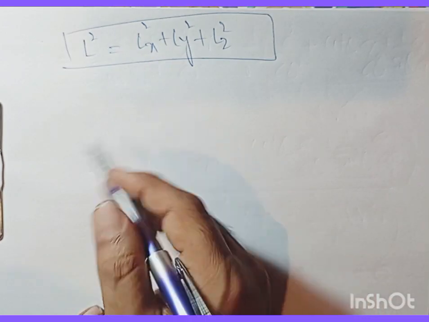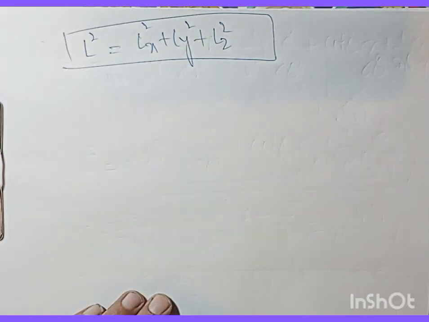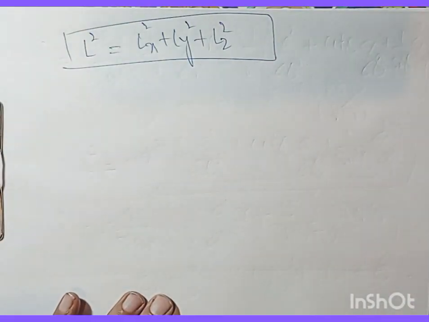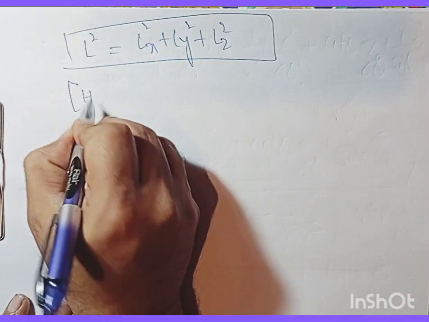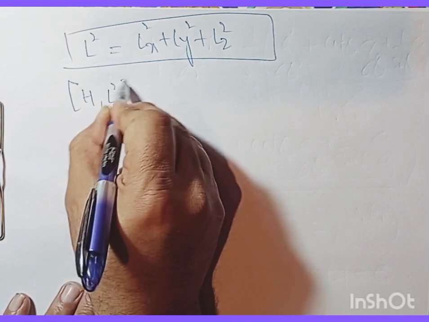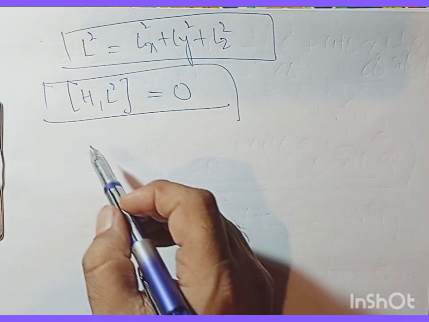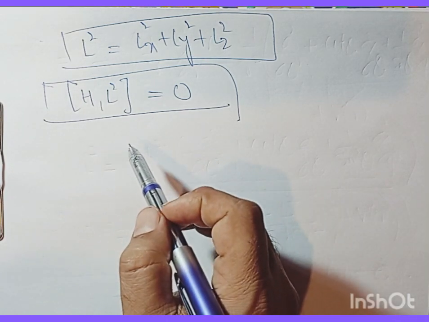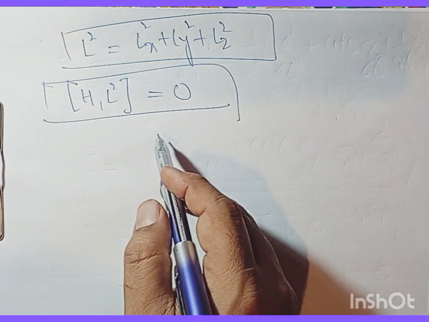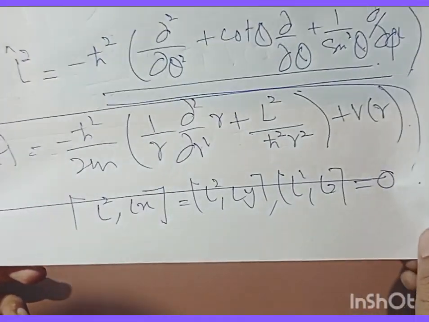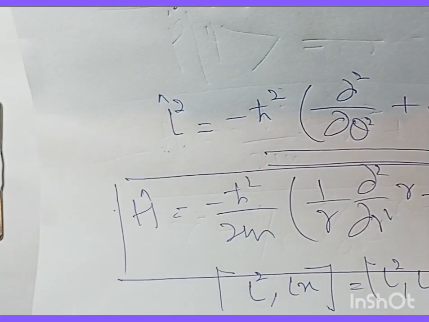If L square commutes with Lx, it should also commute with the Hamiltonian, so the commutation between the Hamiltonian and L square gives 0. What does it mean? It means that angular momentum is a constant of motion, and it can simply be treated as a number in our original problem.